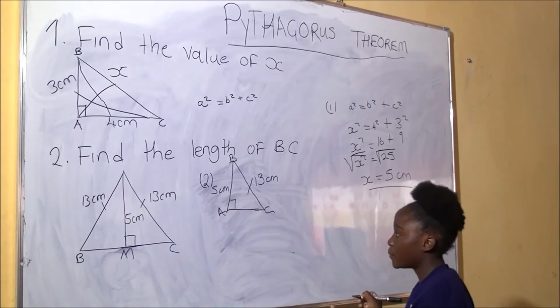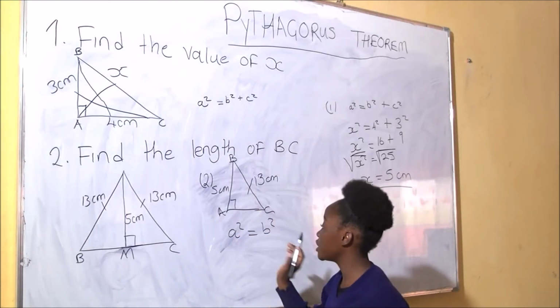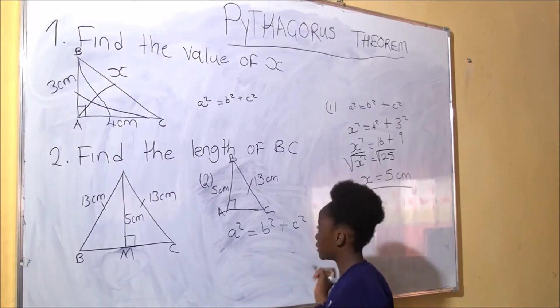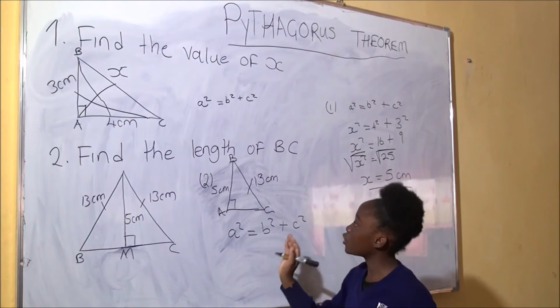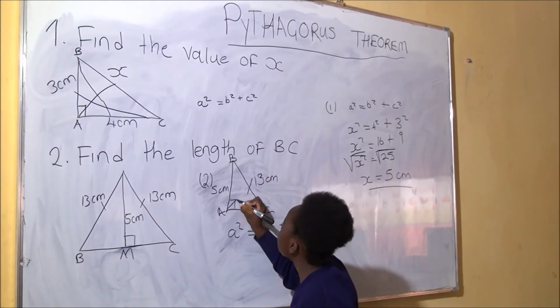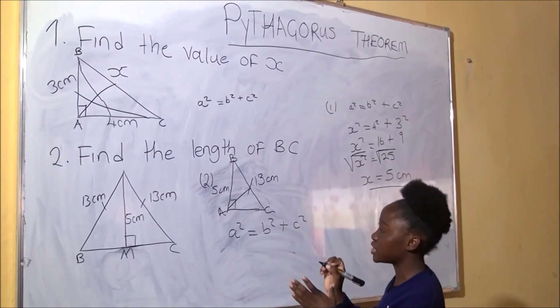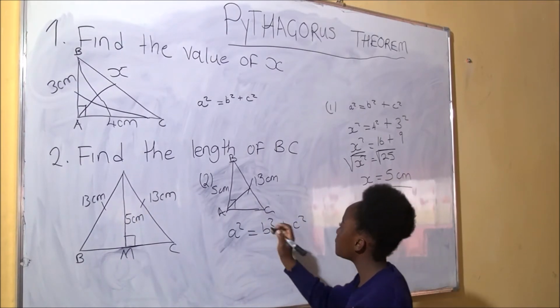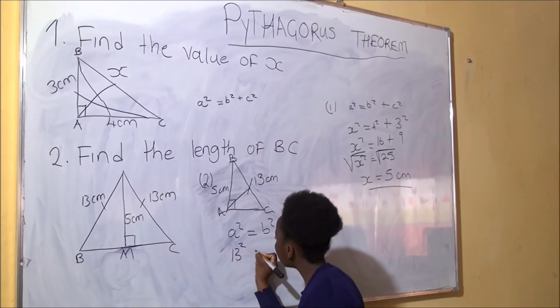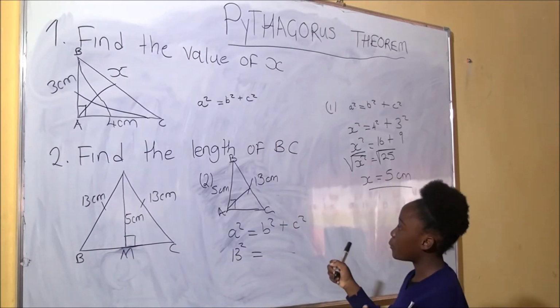Now we'll write the formula, which is A squared equals B squared plus C squared. We said that A squared always represents the longest side of the triangle, which is the hypotenuse. And the hypotenuse is always opposite to the 90 degrees angle, which means our hypotenuse will be 13 squared equals, which one is the opposite side of b?